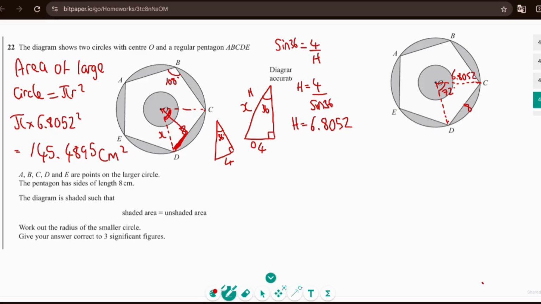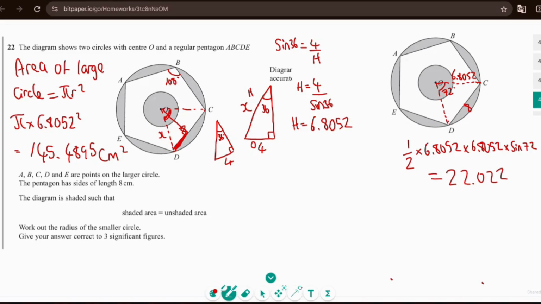I can use the sine rule for area, half ab sine C, half times 6.8052 squared times sine 72, which is 22.022.